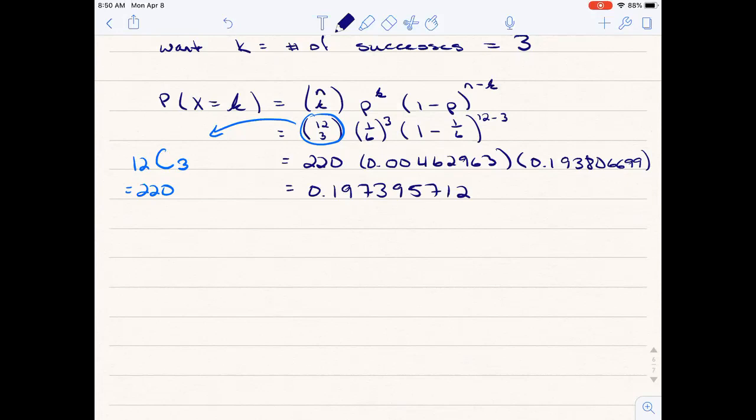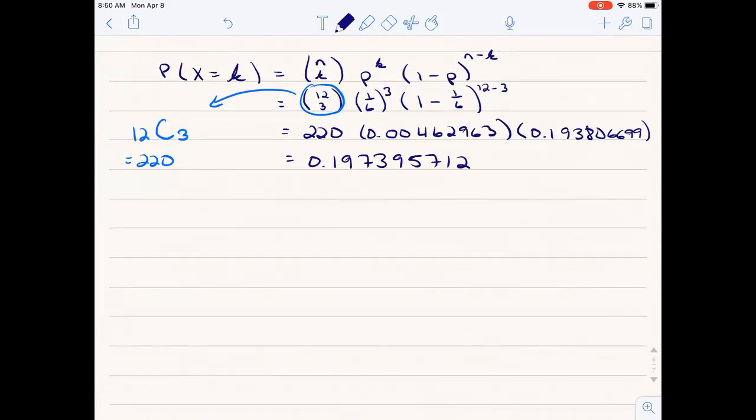Why not? Or if you want, rounding to 4 decimal places, the probability that X equals 3, exactly 3 successes, is roughly 0.1974.